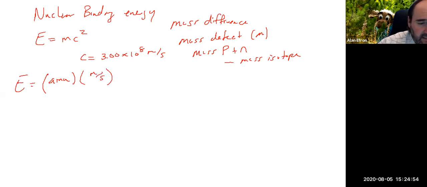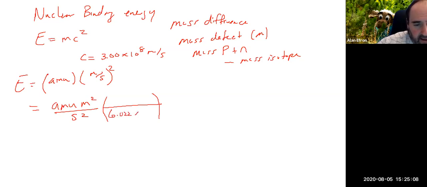Just looking at the units here will give us AMU meters squared per second squared. And what we need to do in this case is divide by Avogadro's number, 10 to the 26.